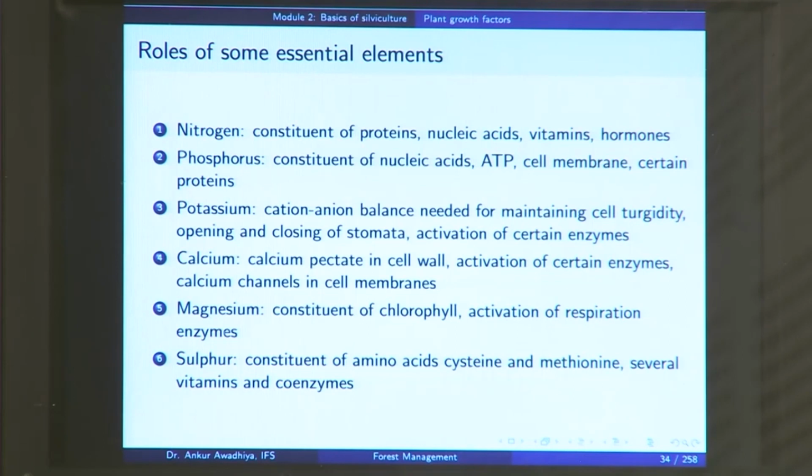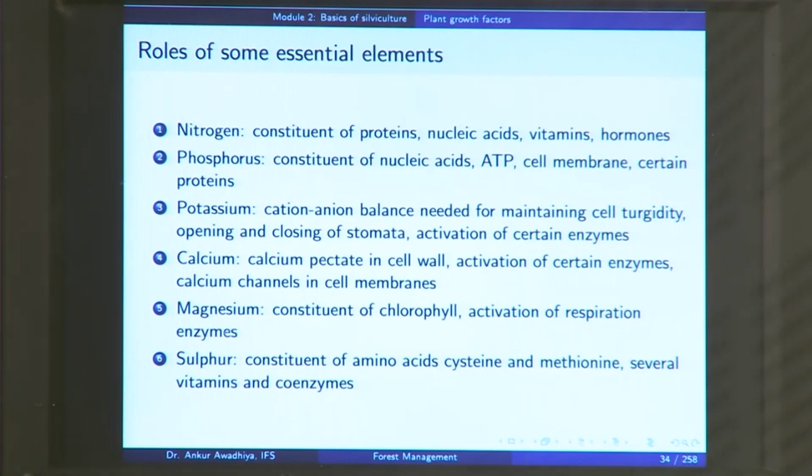Similarly, phosphorus is a constituent of nucleic acids, ATP, which is the energy currency of cells, the cell membrane and certain proteins. So, the plants require phosphorus. Potassium is required for cation-anion balance, which is needed for maintaining the cell turgidity.